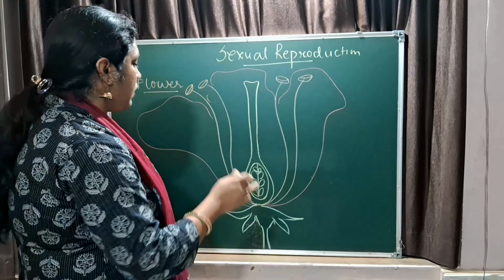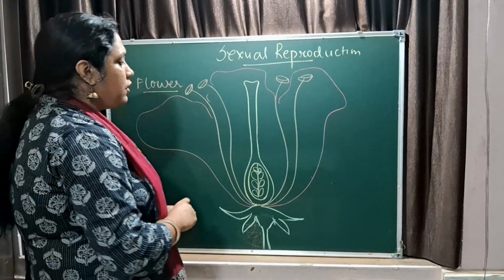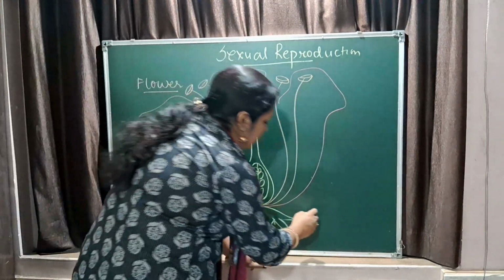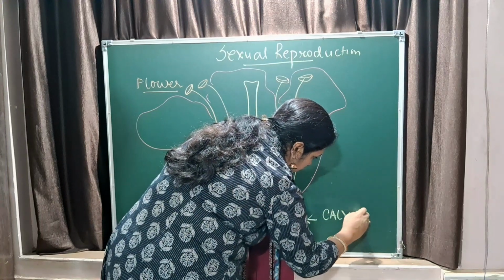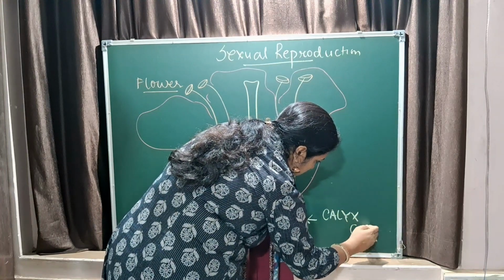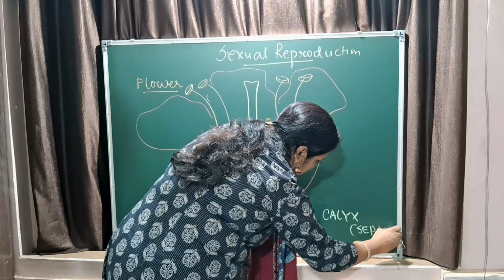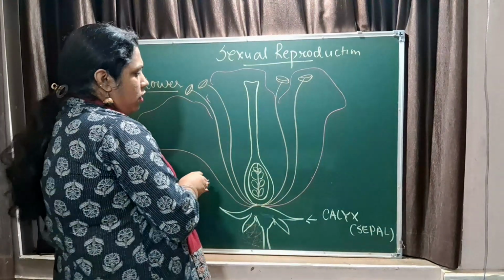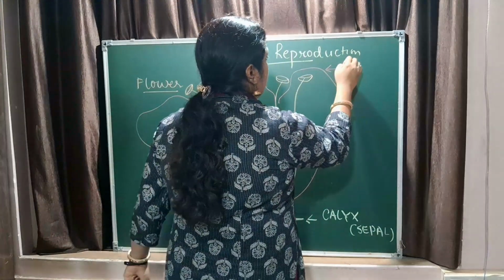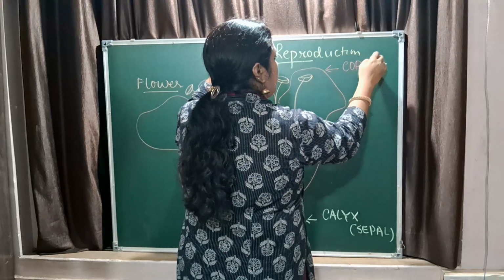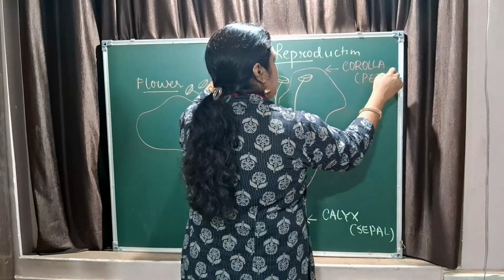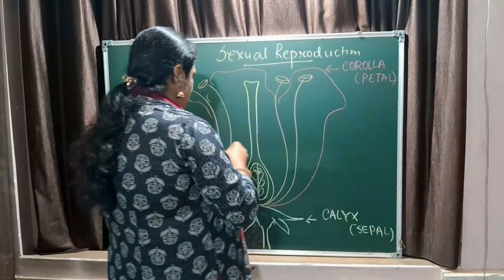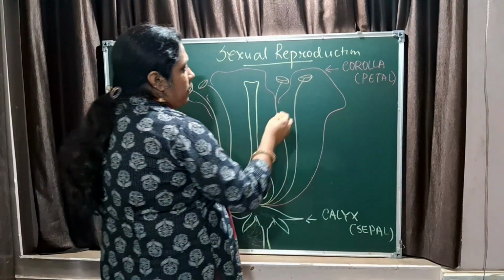Now in this simple structure of the flower, the first part is the calyx, and the single unit of calyx is called the sepal. Then you have the corolla. The single unit of corolla is called the petal. Then you have the androecium.